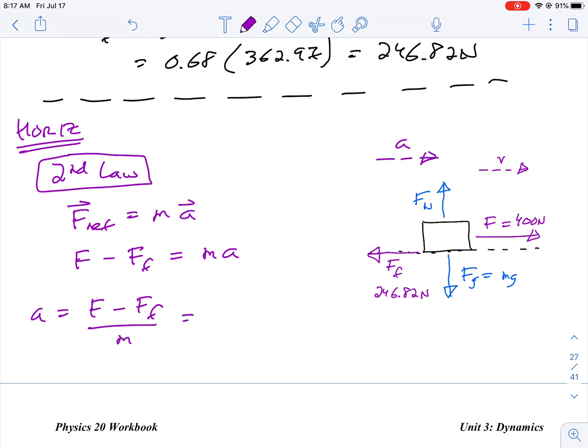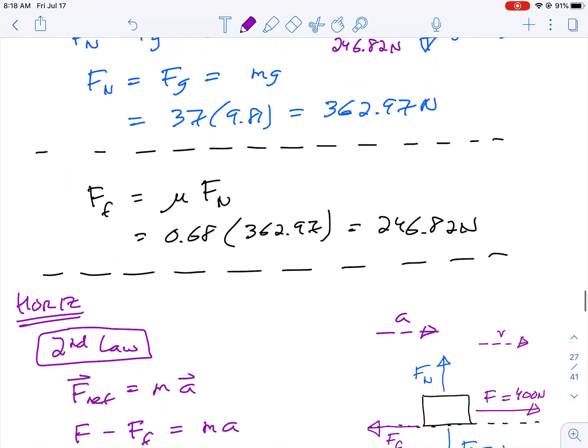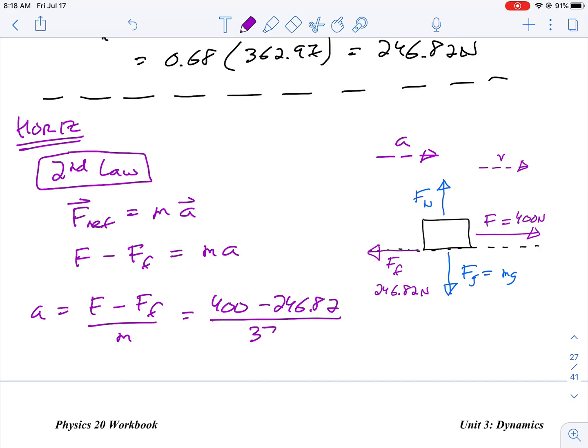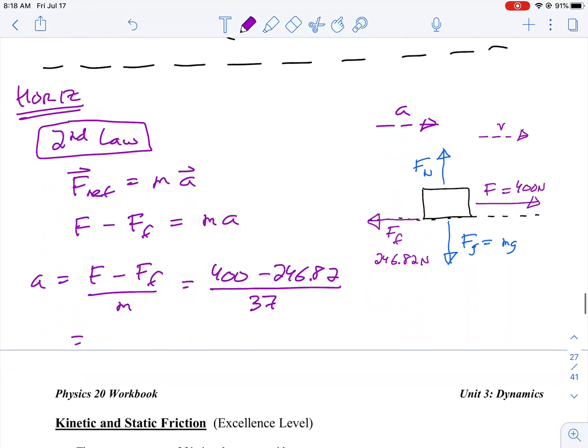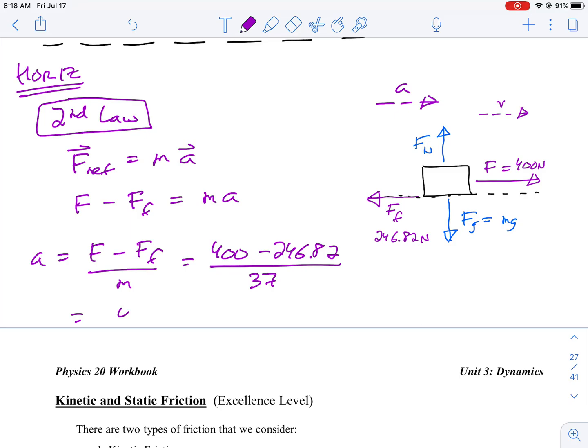And that's going to be, in this case, 400 minus 246.82 divided by the mass of this object, which was, again, 37. And sig digs, looks like we have two significant digits for our answer here, so it's going to be 4.1 meters per second squared east.